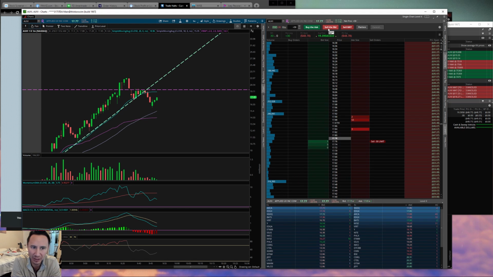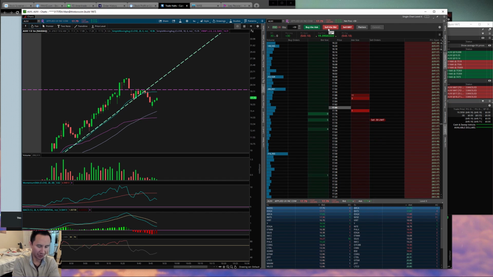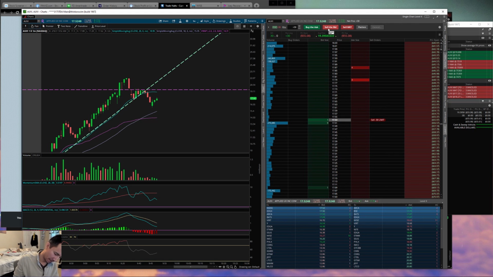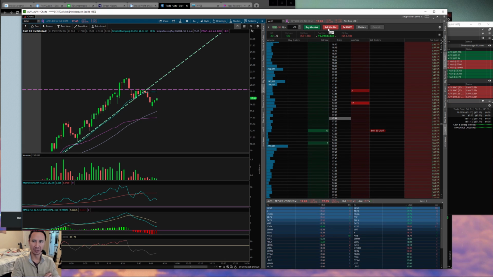I have a big pyramid stack here. I'm $750 in on this trade. And it dipped down. I'm not going to do any calculating right now. I just need to watch this.